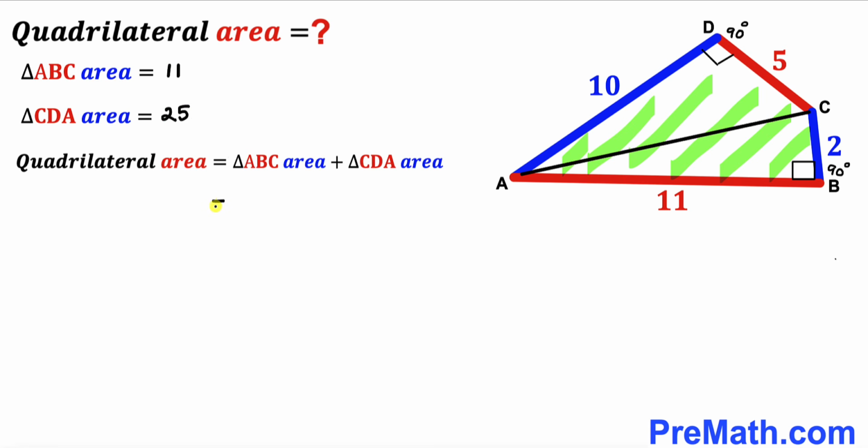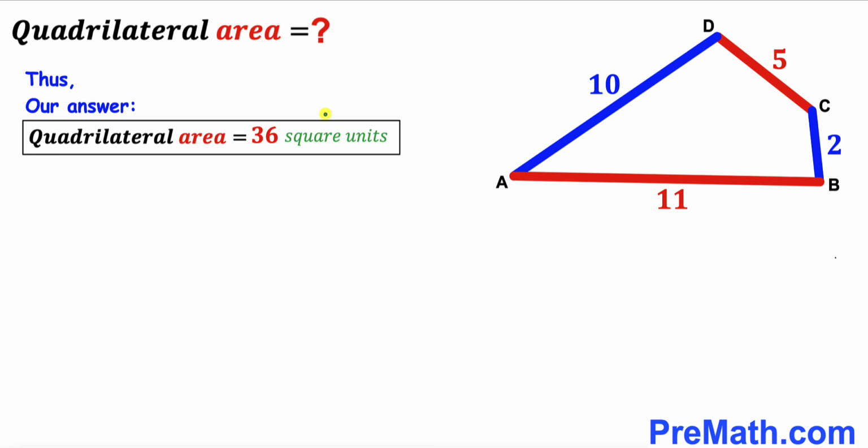The ABC triangle area is 11 plus the area of the other triangle CDA is 25. If we add, that is going to give us 36 square units, the area of this quadrilateral ABCD.